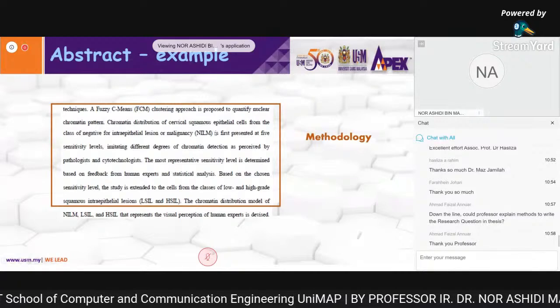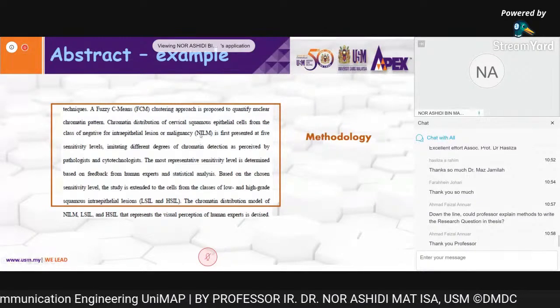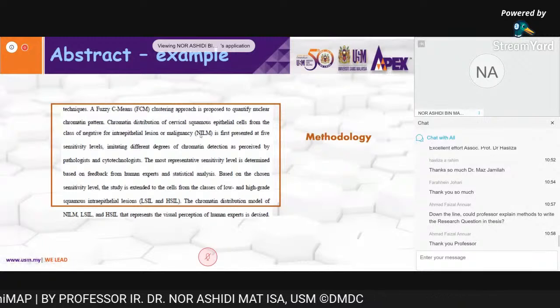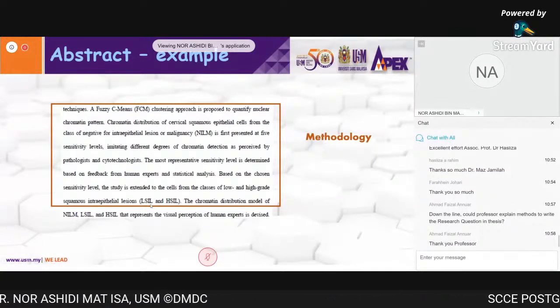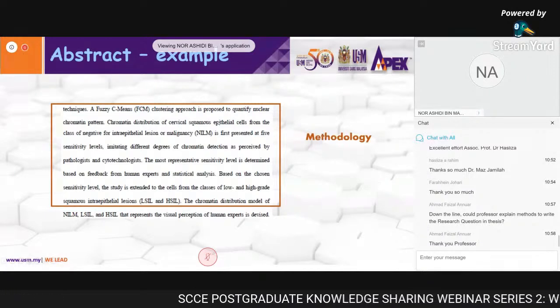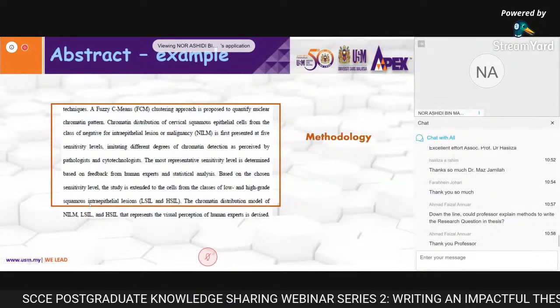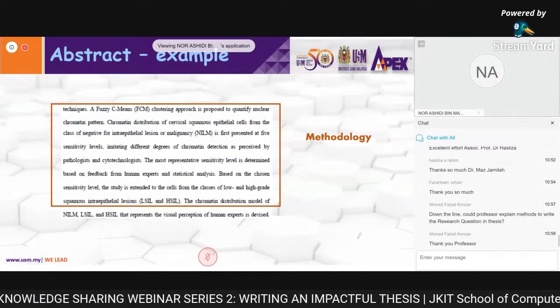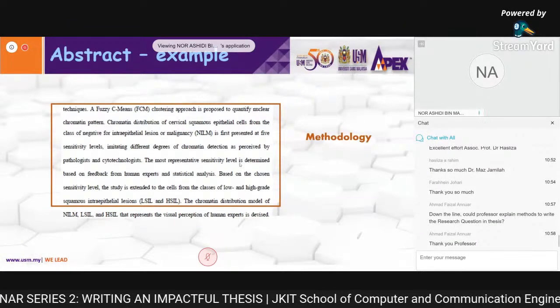We start with the benign one, or the normal one, then we move to the abnormal one. So this is actually the concept to be introduced in the students' research work. Okay.